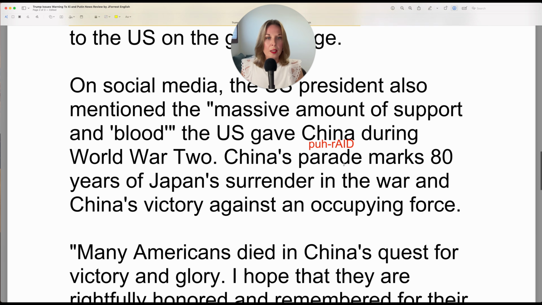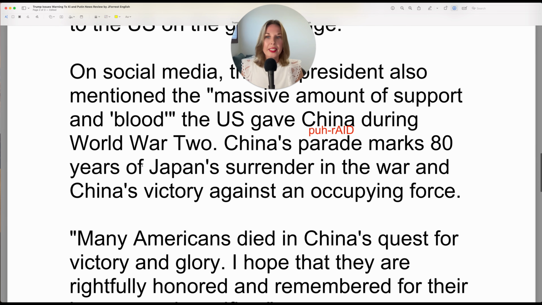China's parade marks 80 years of Japan's surrender in the war. So if it marks it, it represents it. So this is like if you have a calendar and you circle a day, you are marking that day. Or if you put an X through it, you're marking that day.